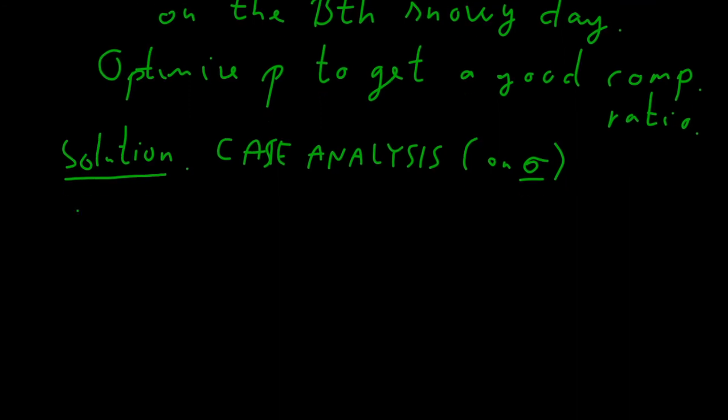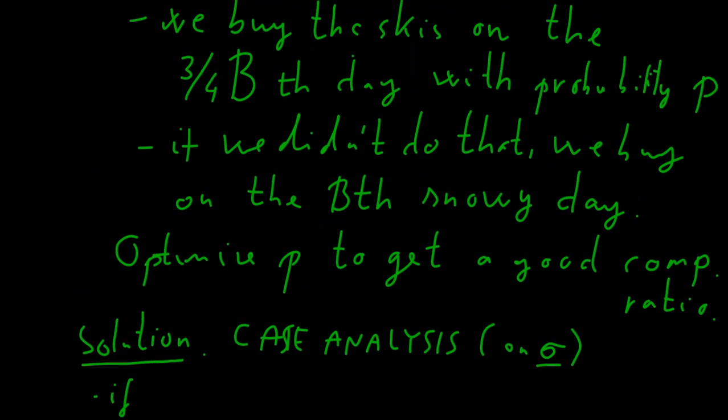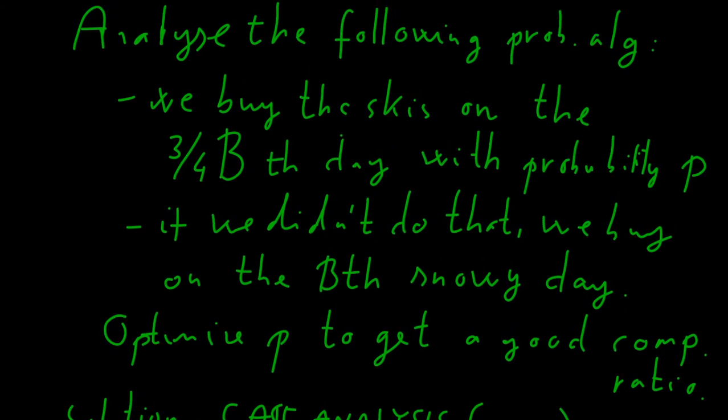So for the first case, the two algorithms behave the same way. So it's essentially two algorithms. One algorithm is to just run a 3 over 4 b with a probability of p.